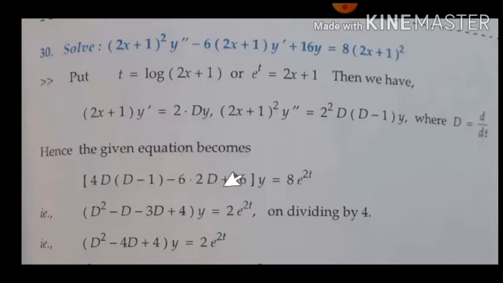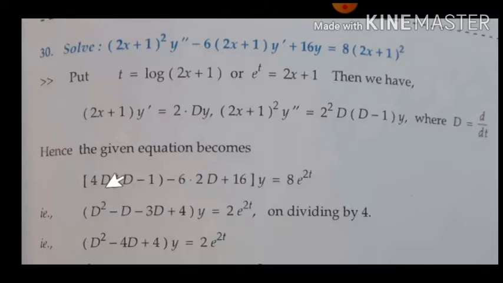Now when you simplify, observe that 4D square minus 4D minus 12D plus 16. So they have divided it by 4. So you will get D square minus D minus 3D plus 4. So 4 cancelled here. Here 6 twos are 12, means 2 will be cancelled, 3 will be left out, and here 4 will be left out.